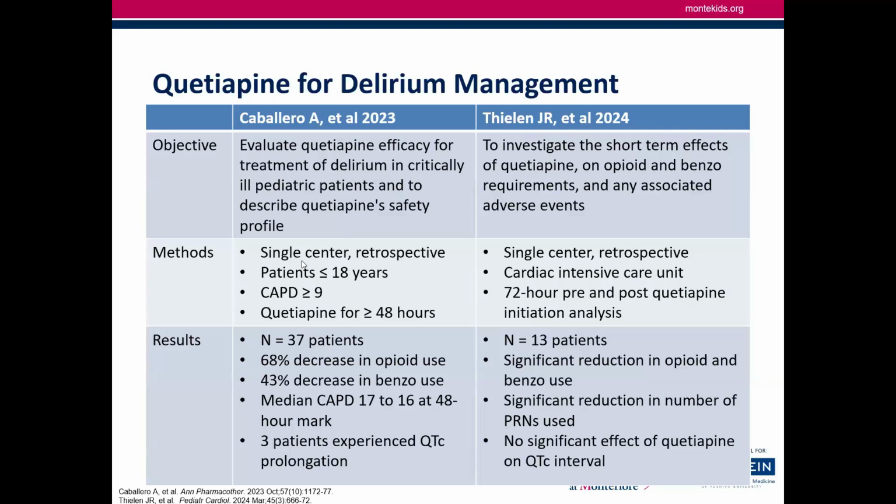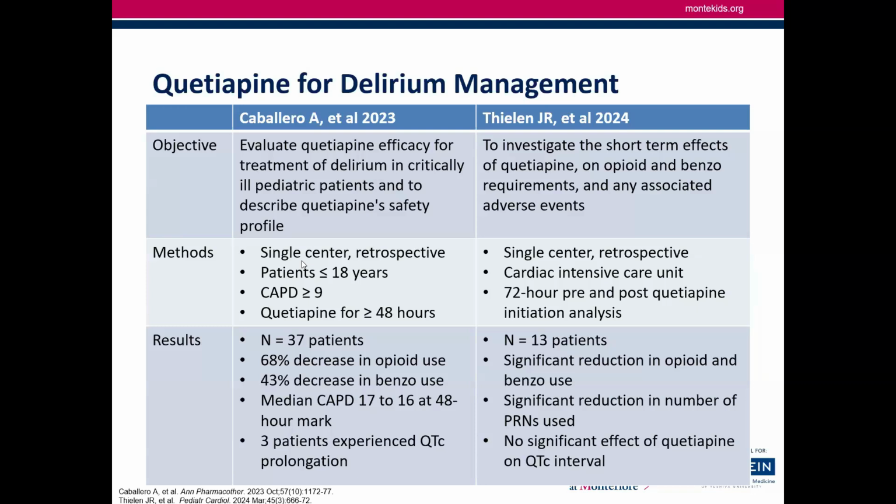What the study found overall was there was a 68% decrease in opioid use and 43% decrease in benzo use. The median CAPD score only went down by 1 point at the 48-hour mark, from 17 to 16. And not all patients were routinely monitored for QTC prolongation, but 3 patients did experience QTC prolongation.